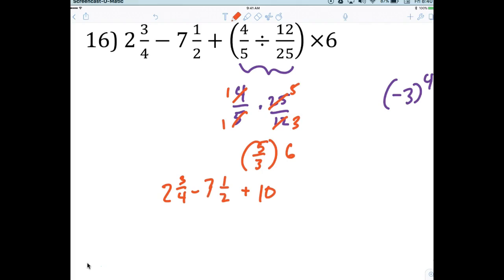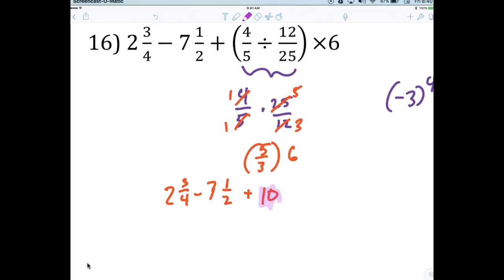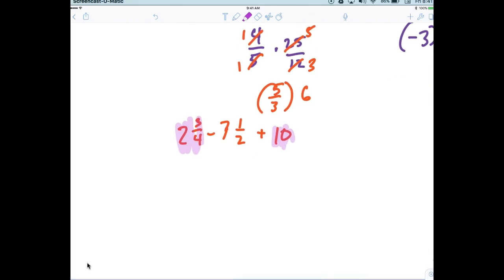So I would now group what? 10 with 2 3/4. 5 times 6 divided by 3. Or you could do 6 divided by 3 and multiply it by 5. Now, we have 10 plus 2 3/4, which is 12 3/4. So I have 12 3/4 minus 7 1/2.